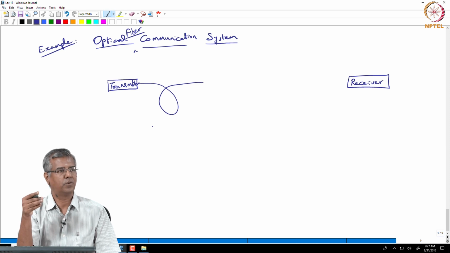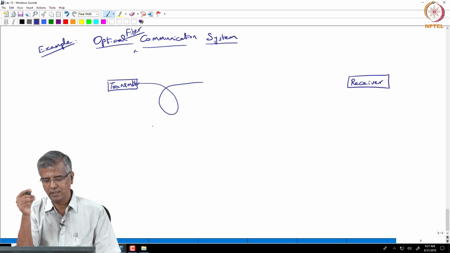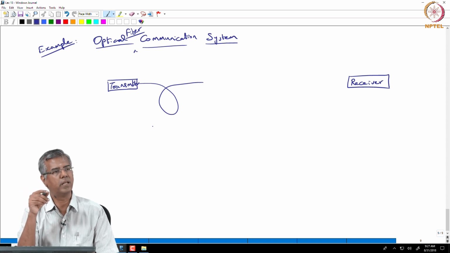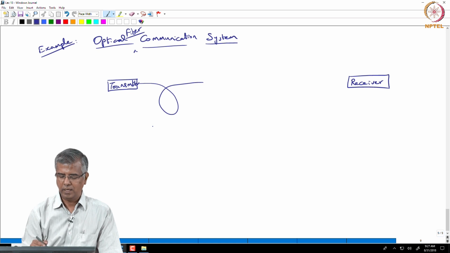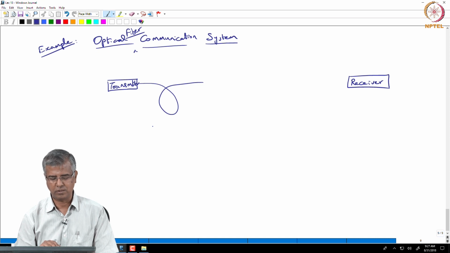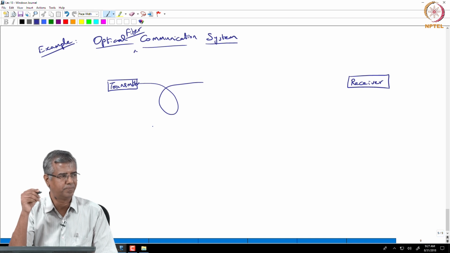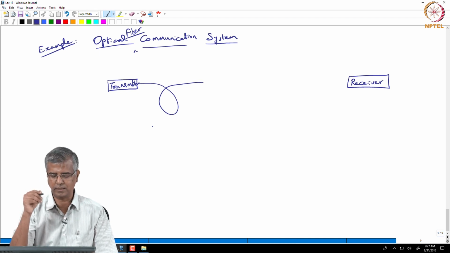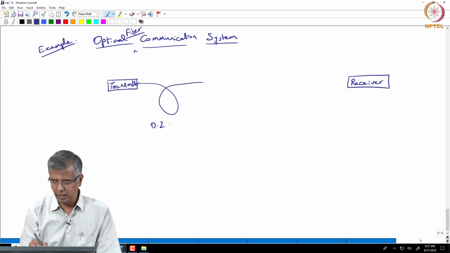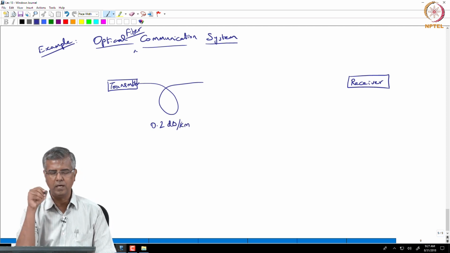Because of those density variations, light tends to get scattered, and that's a process we call Rayleigh scattering, because the density variations are much smaller than the wavelength of light. That works out to be one of the primary causes, and the other cause could be some absorption in the fiber, and because of all that you have 0.2 dB per kilometer loss.